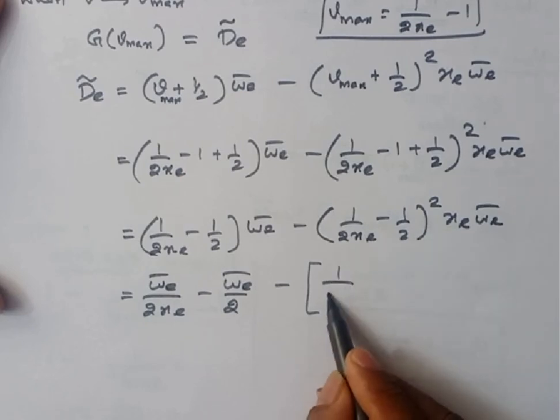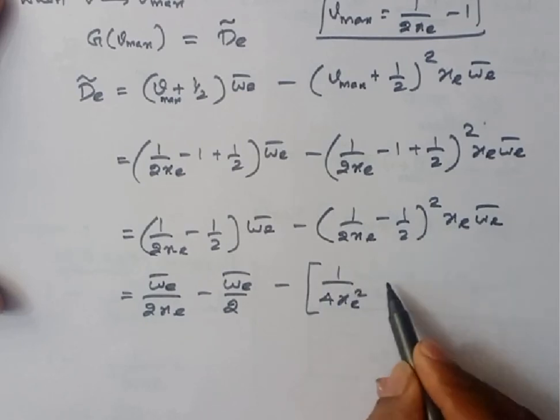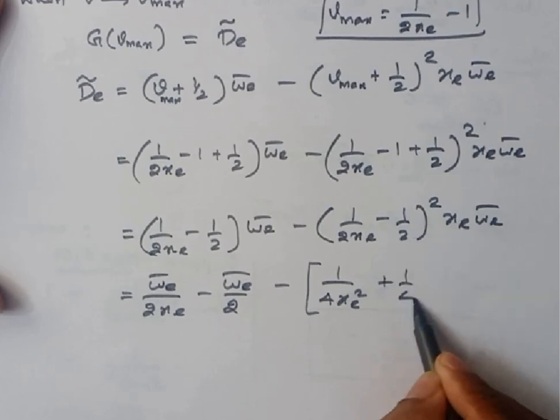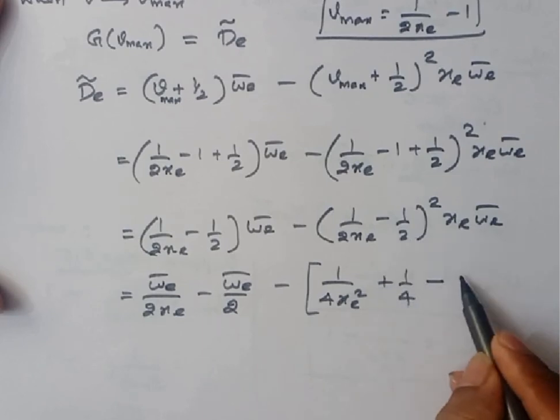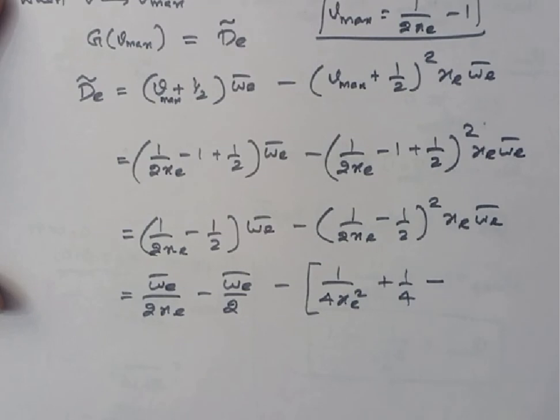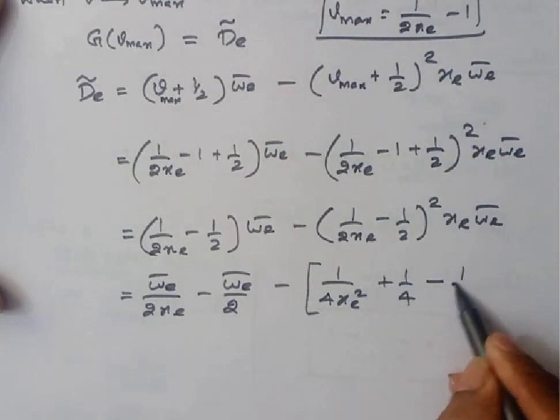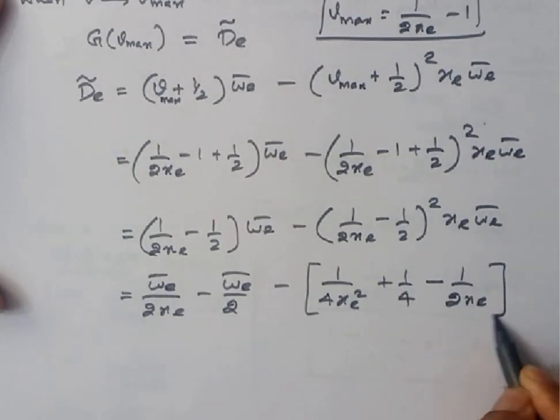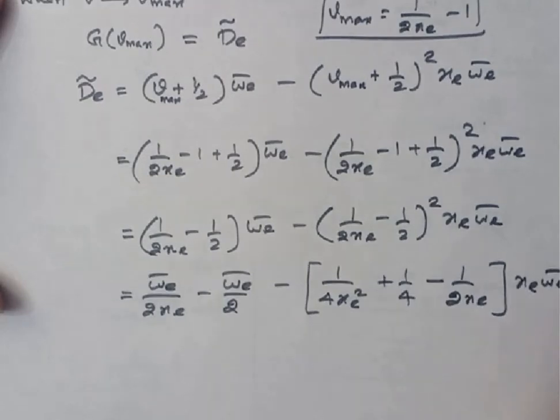So a square is 1 by 4 Xe square, plus b square is 1 by 4, minus 2ab. If you multiply by 2, one cancels, so you'll get 1 by 2 Xe into Xe into omega e bar.